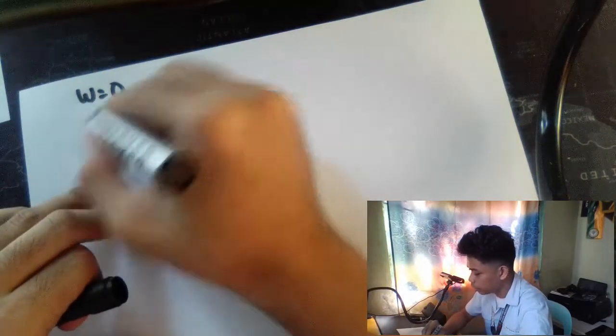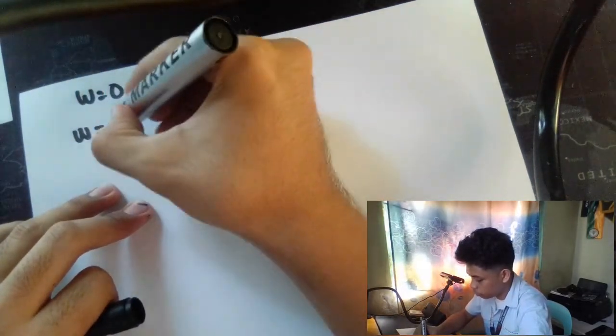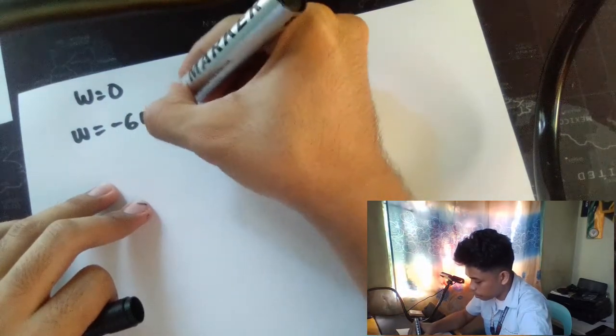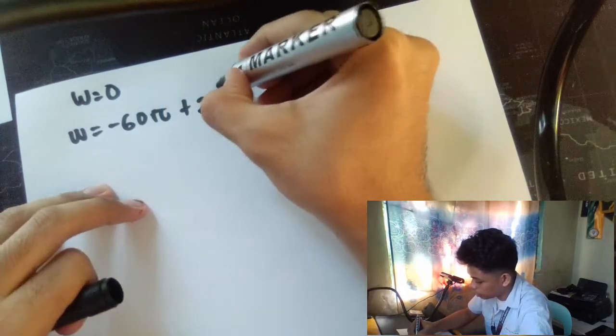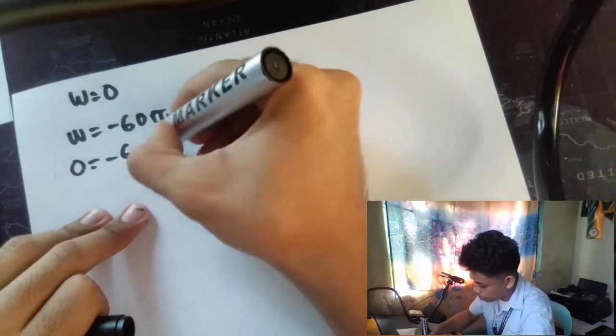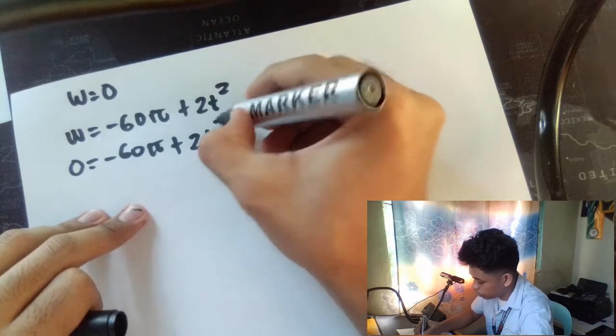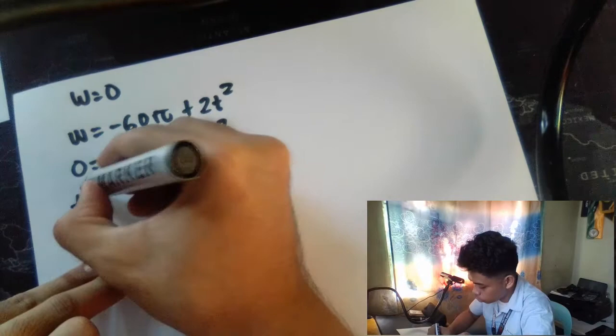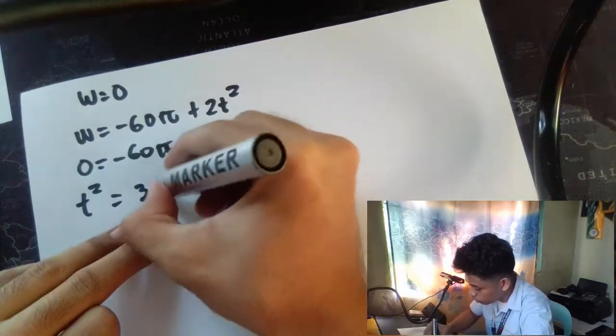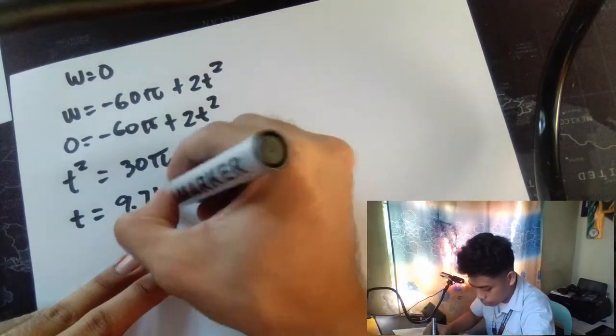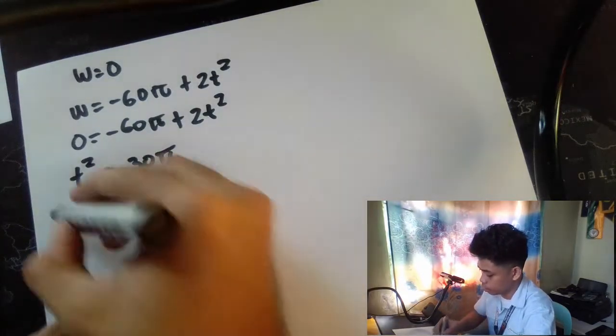So we use the equation from earlier, ω equals negative 60π plus 2t squared, and substitute 0. Moving the negative 60π over and dividing by 2, t squared equals 30π. Taking the root, t equals 9.71 seconds.